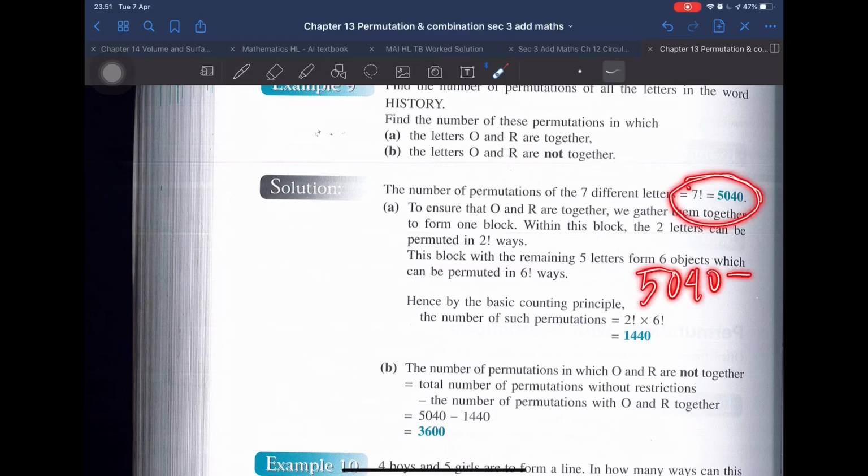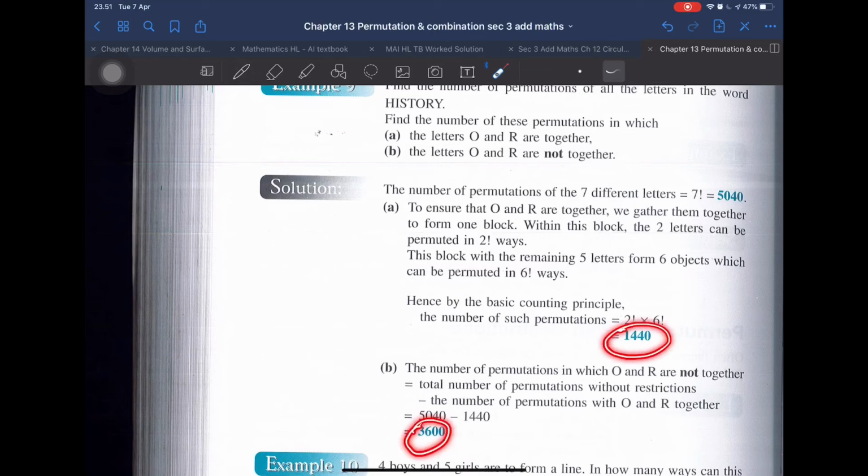That's why we just need to subtract something from this. The arrangement where they are together is 1440. The probability of together plus the probability of not together becomes the arrangement of the permutation without any restriction.